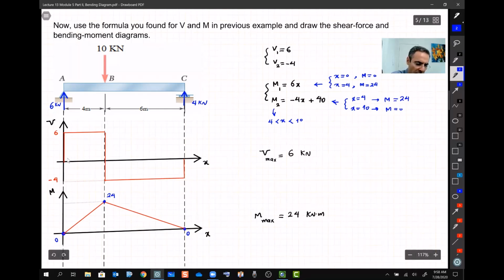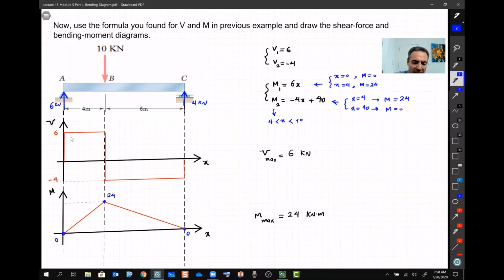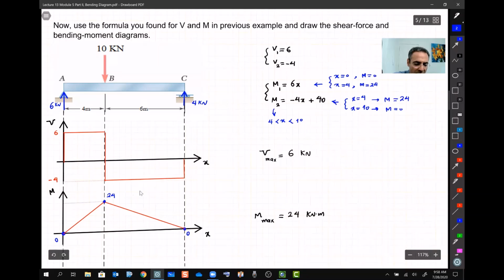Try to see if this V and these numbers give you any hint. For now, we're just looking at this V, okay? And by pattern, I mean any hint that tells you that there is a correlation between these graphs and this relation that you can see there, V equal to dM/dx.